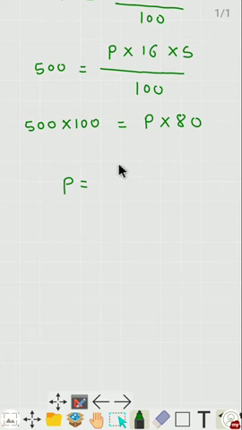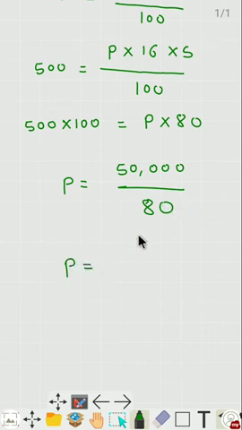In the next step we will write P is equal to 50,000 divided by 80. Okay, so if we calculate this on calculator, what we get is P is equal to 625 rupees.